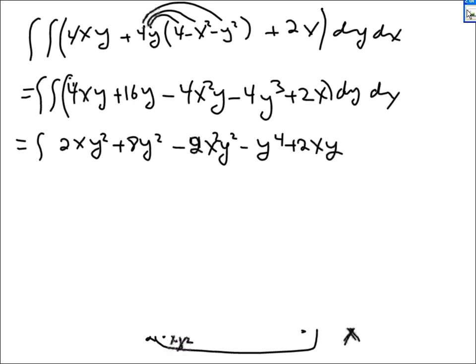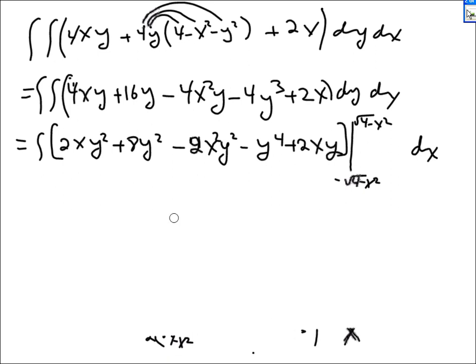The integral's fine. And y goes from negative the square root of 4 minus x squared up to the square root of 4 minus x squared. And then we do dx. So let us substitute in what y is. Remember, y goes from plus minus 2. X goes between plus minus 2.